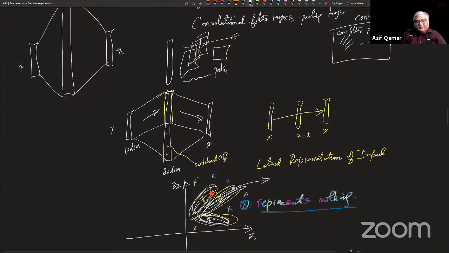Then there was a simple question to reflect on. We tend to create bottlenecks. What if we did not? What if we instead had the latent layer wider than the input and the output layer? Then you have to be a little bit careful. If you're not careful, and there is no noise added or something like that, it will just learn to memorize the input and pass it forward to the output.